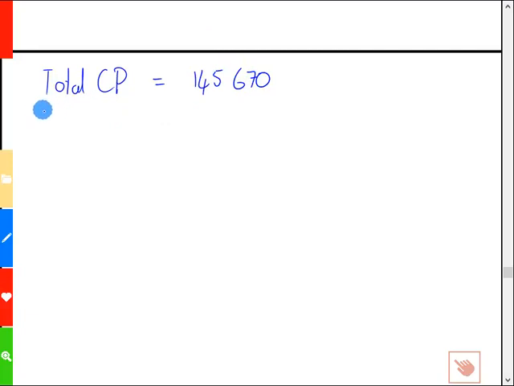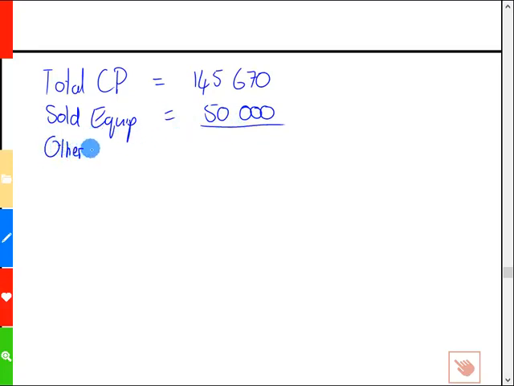The sold equipment cost price is 50,000 Rand. So the other equipment cost price is going to be 95,670.